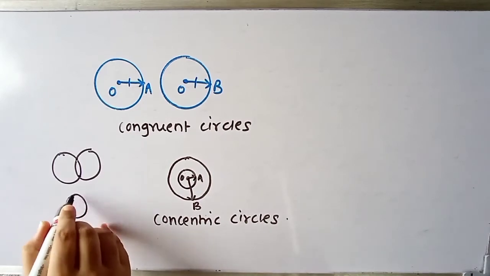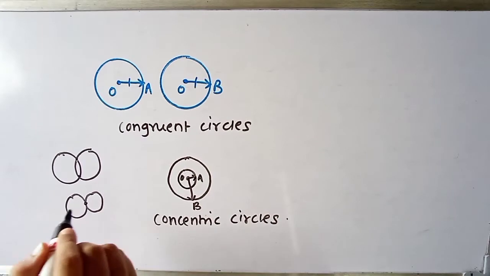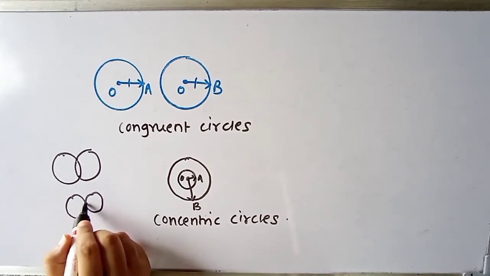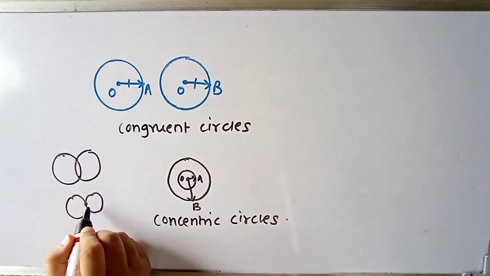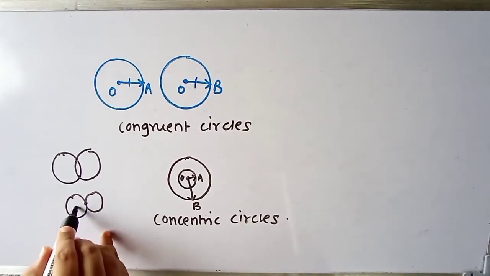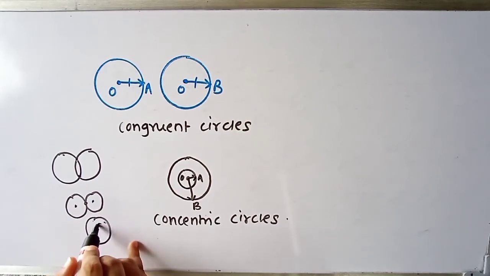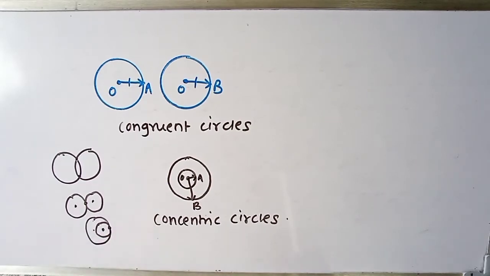You know touching circle means they are touching in one common point. Is this clear to you? And there are two types, internally touching and externally touching. These are externally touching circles, and suppose I have drawn like this, then these are internally touching circles. Is this clear to you?